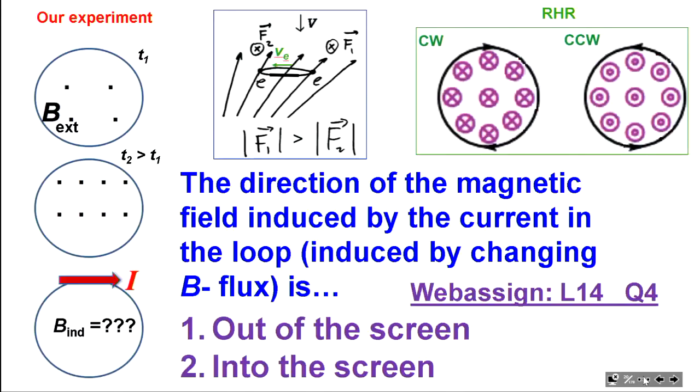First, a question, which is the fourth question. Equation number 4. In our original experiment, electric current was induced clockwise. What does it say to us about the direction of the induced magnetic field?